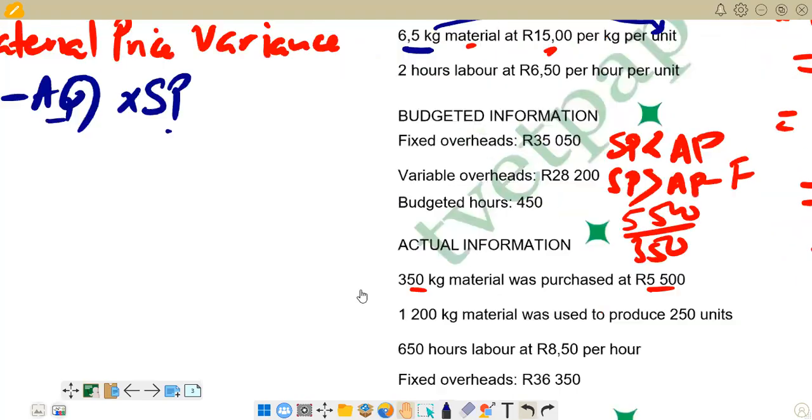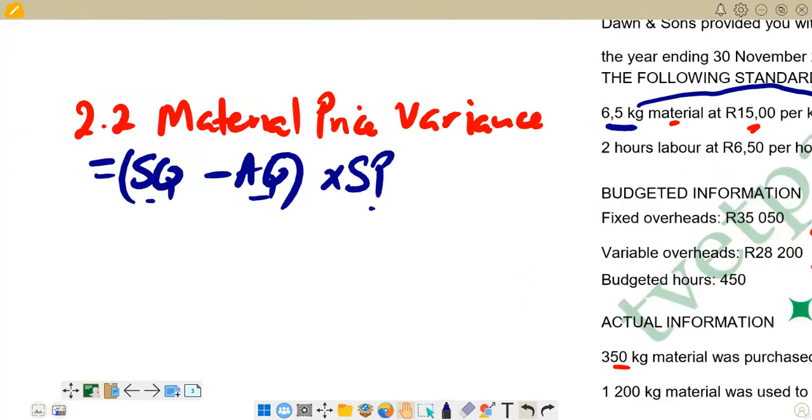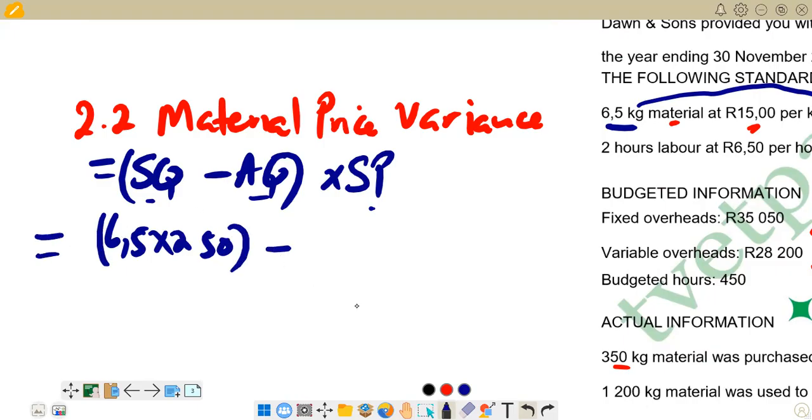So for the standard quantity, we say 6.5 times 250. Then the actual quantity we are given: 1,200 kg of material was used.